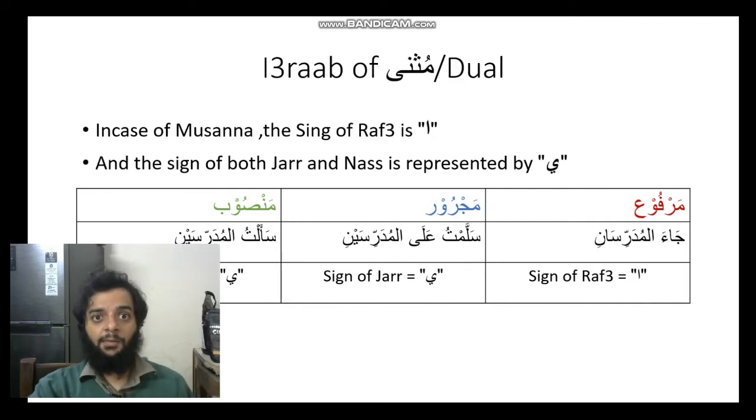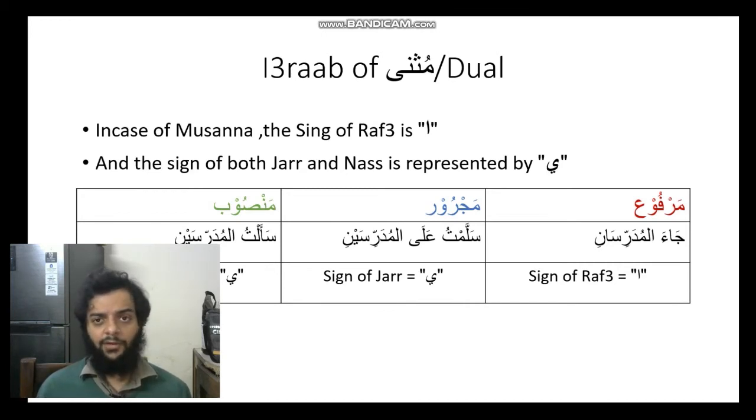Now the i'rab of musanna, that is dual. As I said, in Arabic, apart from singular and plural, you also have dual. In case of musanna, the sign of rafa is alif, and the sign of both jar and nasab is represented by ya. Making dual is extremely simple in Arabic.